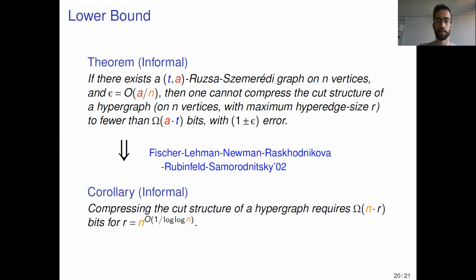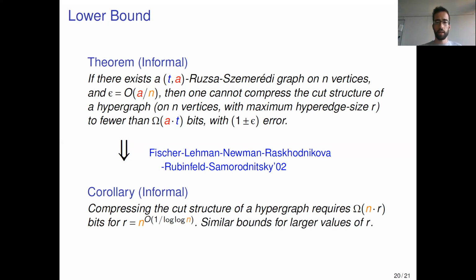In our opinion, the most interesting one is to use the construction of Fischer et al., which tells us that even for constant epsilon, it's impossible to get a better compression of the cut structure of a hypergraph than the result of Chen, Khanna, and Nagda for a large range of values of R. But even for larger R, one can get similar statements using other constructions of Ruzsa-Szemerédi graphs. And if new Ruzsa-Szemerédi graphs are found, they will immediately imply new lower bounds on the bit complexity of the compression of the cut structure of hypergraphs.